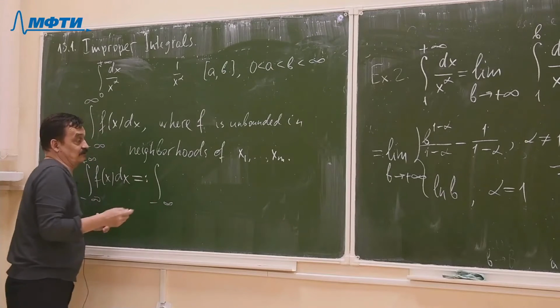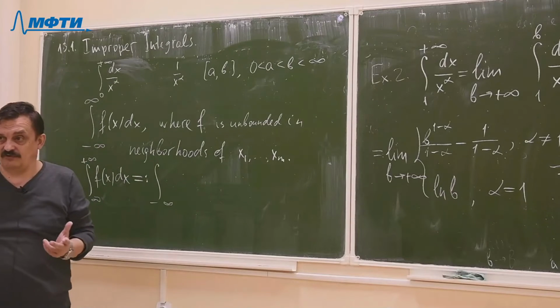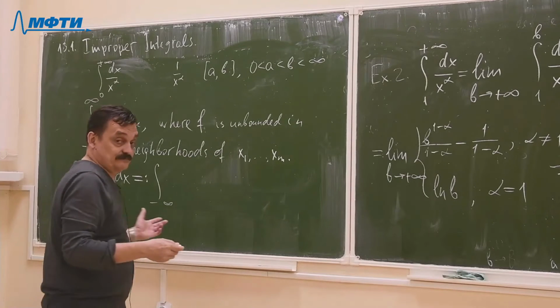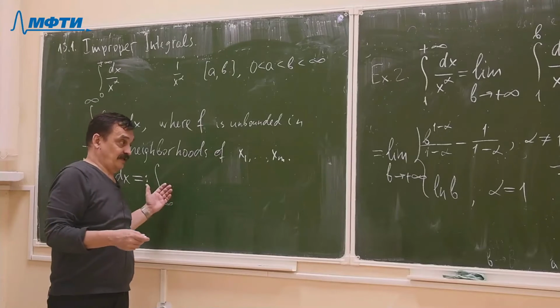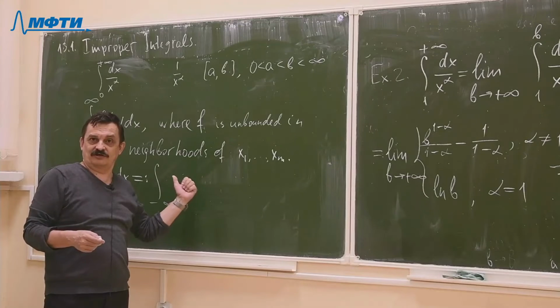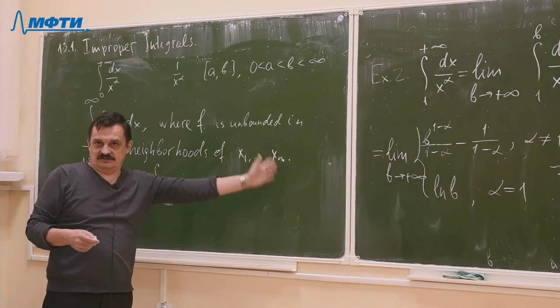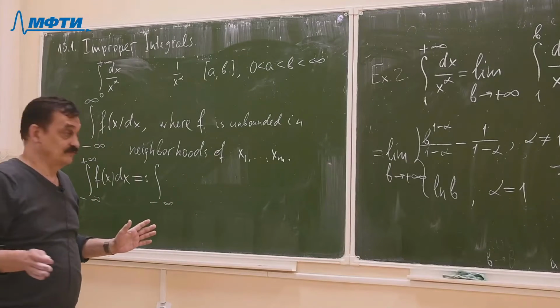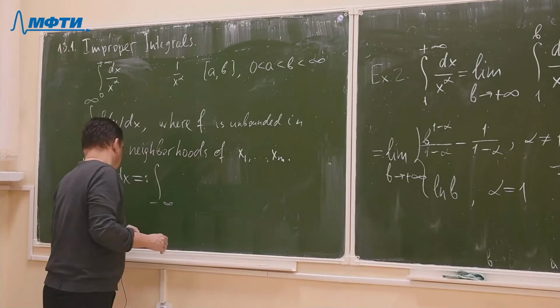Of course, you can ask me what the sum of objects means if they need not exist, right? So the answer is, we suppose the sum of several objects exists if and only if each of them exists and is finite. Otherwise, it can be a problem.